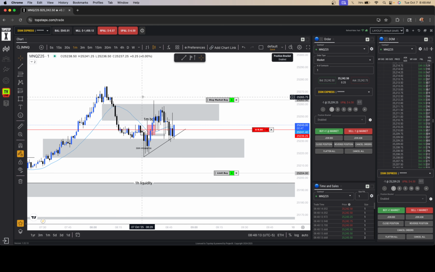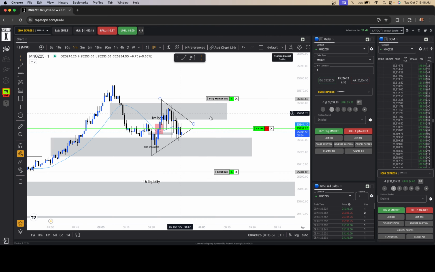Because right now we're pretty much even in price. We have the highs right here pushing us down, and we have the lows pushing us up. So if I want to be bullish overall for the day, I do want to see us go down first, which is kind of what this trade is based off of and why I started selling in the beginning.